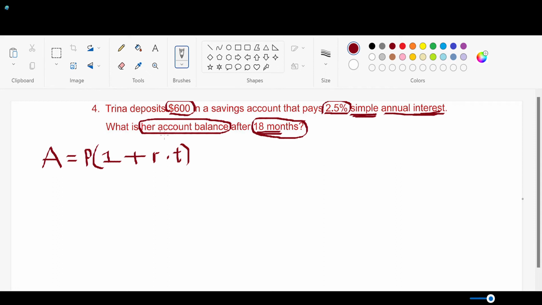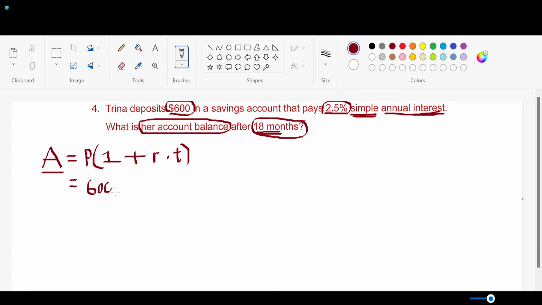In this case, the question asks what is her account balance, so they're looking for A. P is the principal, the initial deposit. How much money did Trina first deposit into her savings account when she opened it? That number is $600. So I'm going to put in $600 for P.